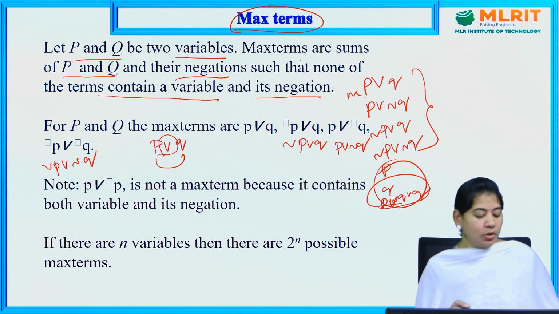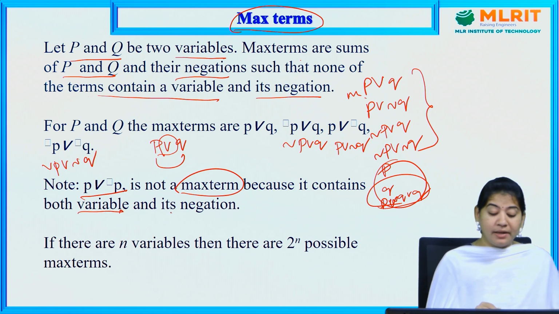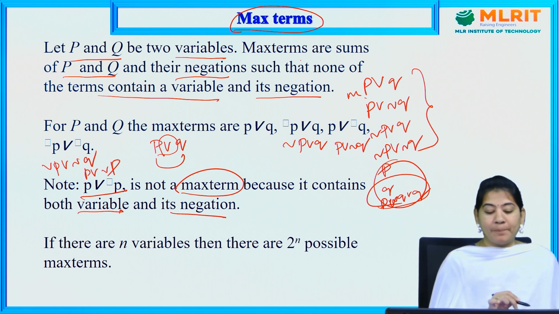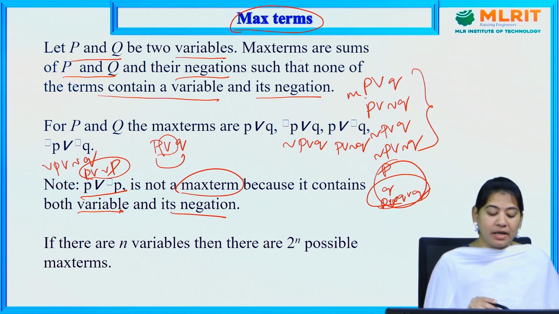Note that P or negation P is not a max term because it contains both the variable and its negation. It is an elementary sum, but it is not a max term.